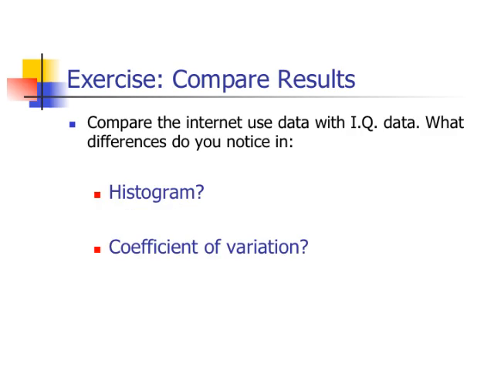Okay, for the final slide in this presentation, we're going to compare the 2 exercises. So go back to your IQ data, go back to your data on internet use, and we're going to compare all the results that we've calculated just to see what the patterns of distributions look like. Look at the histograms. Which variables are skewed?